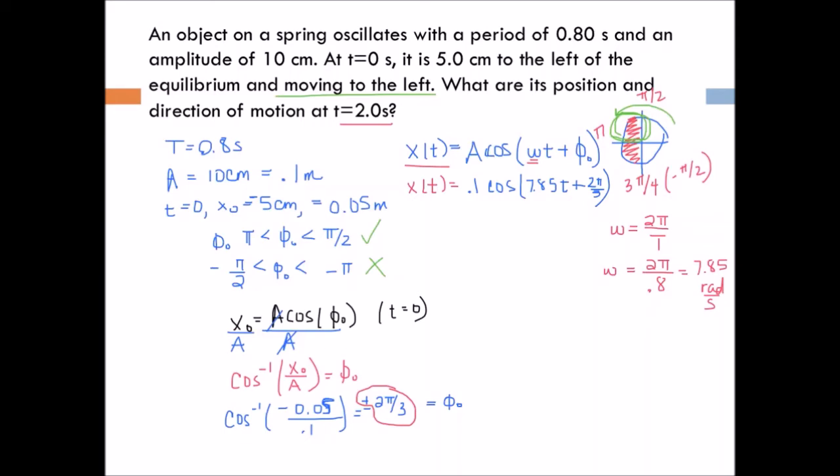Now I can evaluate this function at t equal to 2 seconds. So I get 0.1 cosine of 7.85 times 2 plus 2 pi over 3.